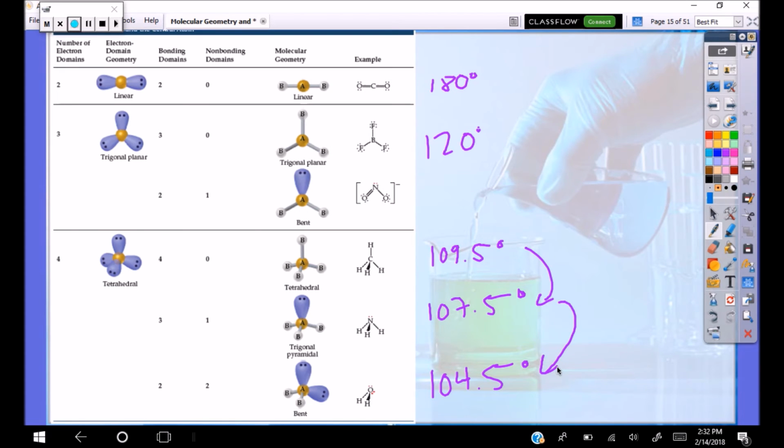The reason why is because the lone pairs need a little bit more space to hang around the center atom, because you've got 2 electrons in that region repelling each other, and they need as much space as possible. As a result, they can cause repulsions on the bonding groups to a more significant degree than if we just had 4 bonding groups around our atom.